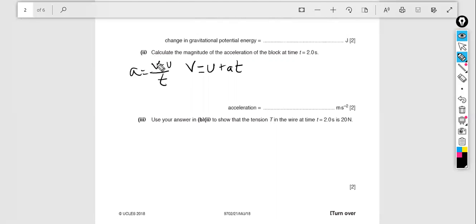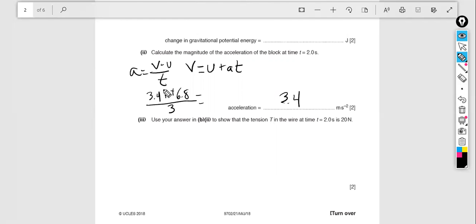So just take the final velocity, 3.4, minus the initial velocity, negative 6.8, over 3 seconds. And then you'd get the same 3.4 meters per second squared. And so this is yet another way to think about it.